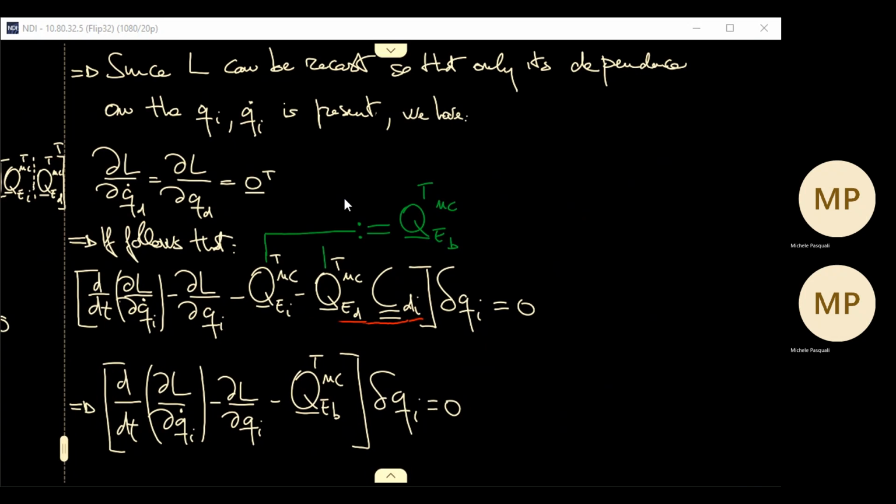So if this is true, then also imposing the first of the two factors equal to 0 is true, because the q_i are all independent. Okay, and then we are left with the usual form of Lagrange equations, and you can see that basically nowhere formally is the presence of constraint equations.